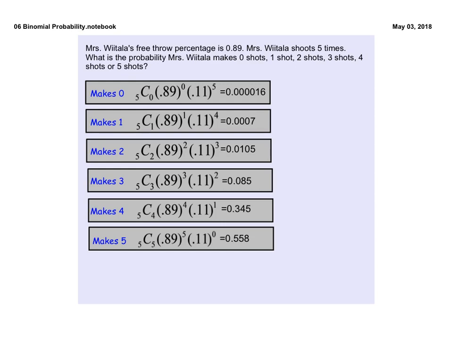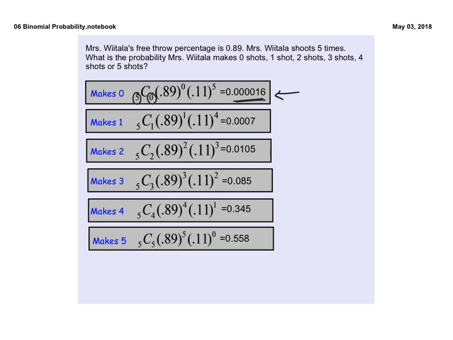So just think about it. If you have a free throw percentage of 0.89, you're likely to make more shots out of 5. So is it very likely that I'm going to miss all of them? Like I'm going to take 5 shots and not get any, 0 of them. Well, if my free throw percentage is that good, that means it's going to be a really low probability, okay?